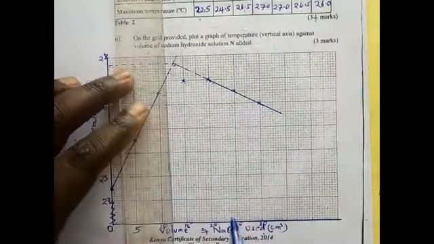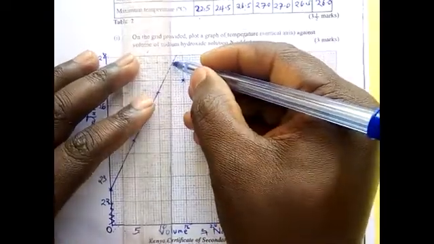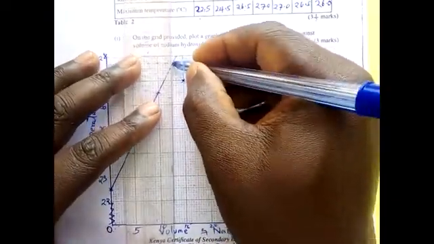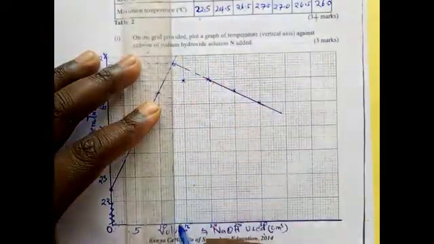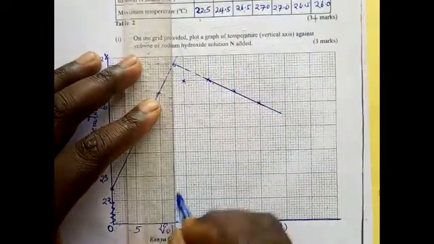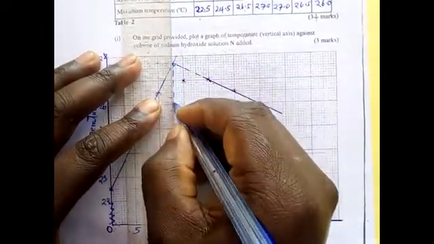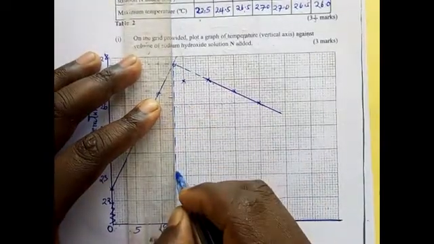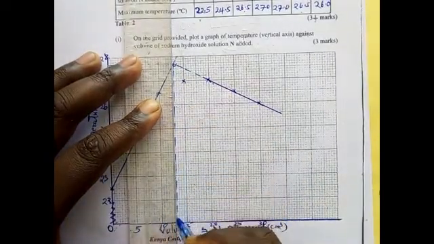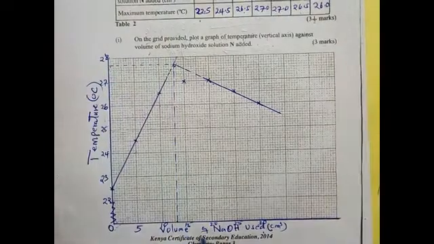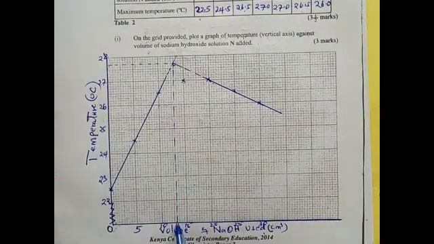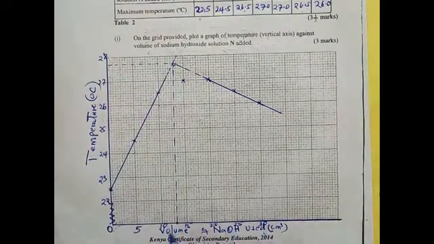To show that you used the graph, you must draw a dotted line from the maximum point where the two extrapolated lines met. You draw a dotted line down to where we have the volume, and remember, this is the volume.